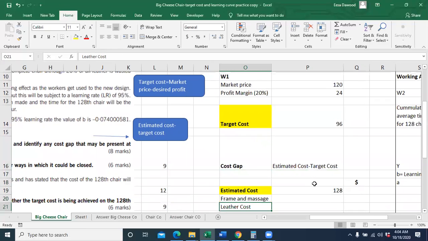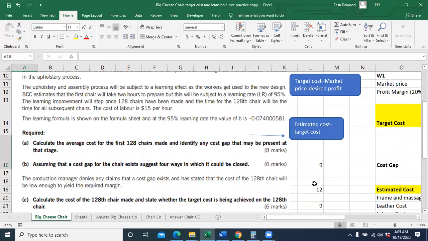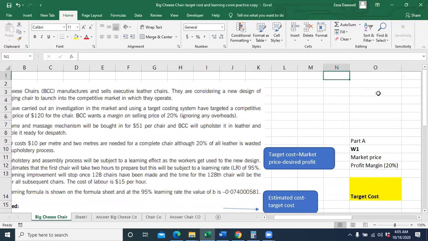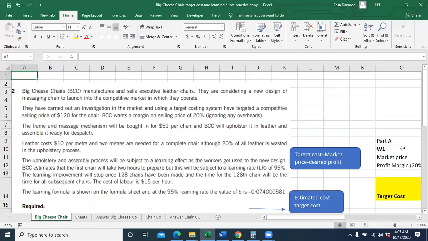In order to calculate the cost gap, okay, and remember we are calculating the average cost for first 128 chairs, right? Okay, and then there's few costs which are given here. We need to calculate the estimated cost, right? Frame and massage mechanism will be bought in for 51 per chair.